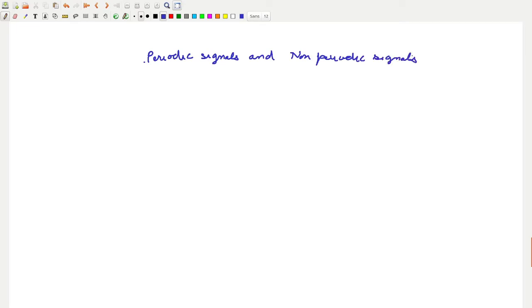From the name itself, it's clear. If the pattern repeats after a time period, then it is called a periodic signal. And if the pattern does not repeat after a time, then it is known as a non-periodic signal.